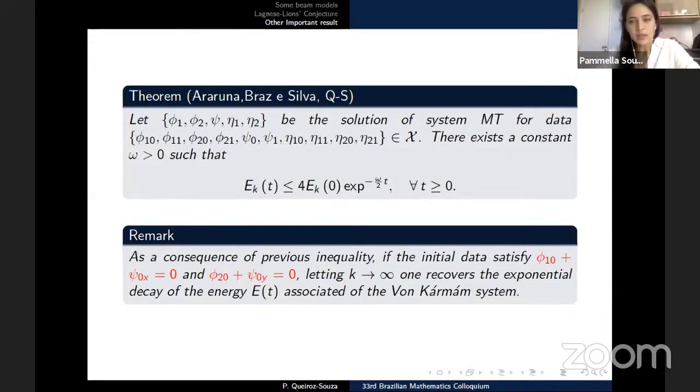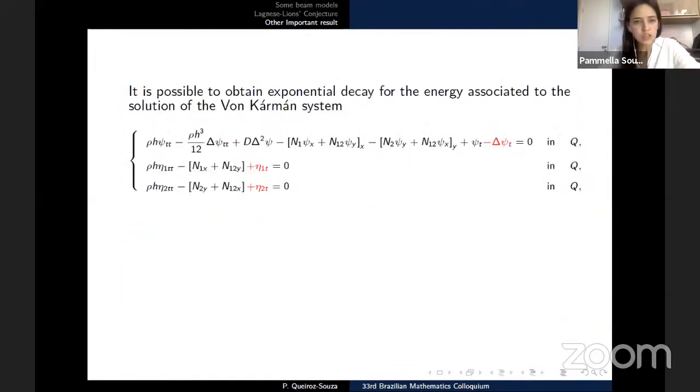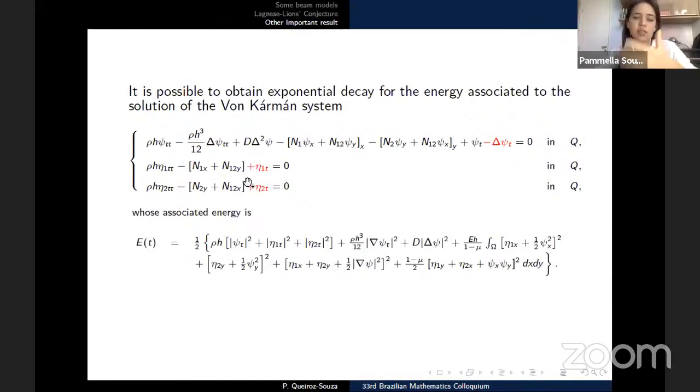Okay, and so just to finish, I would like to show here the bidimensional nonlinear von Karman system, but here we have internal damping, okay? And the energy associated with this system is given by this expression.